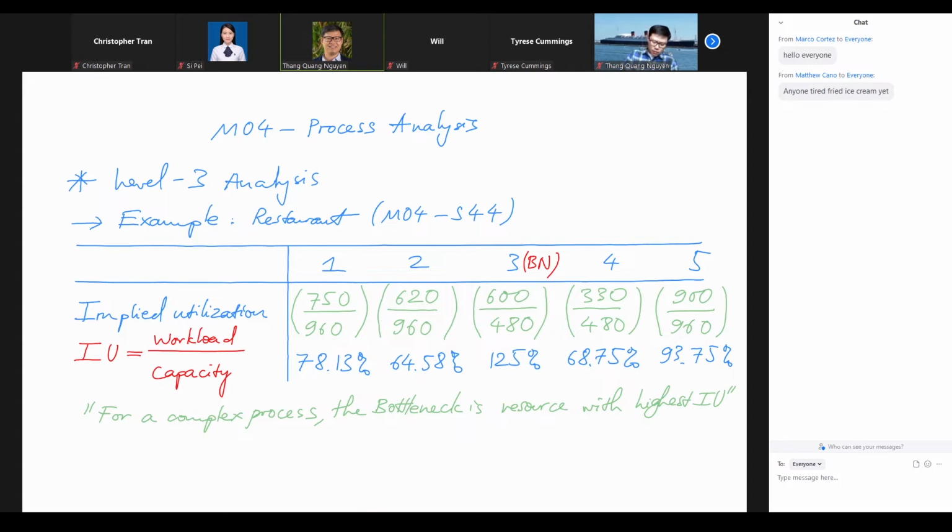The second note here is the following. In this case, the restaurant does not have enough capacity to accept all the original demand, right? So it means that we have to say no to some of the orders. So the restaurant does not have enough capacity to handle all demand.